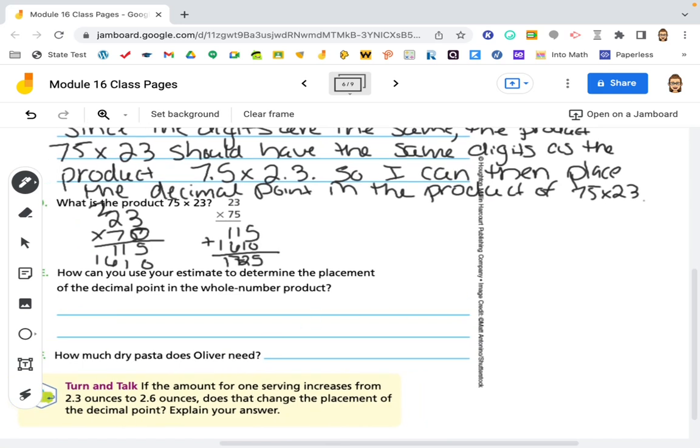So then it says, how can you use your estimate to determine the placement of the decimal point?